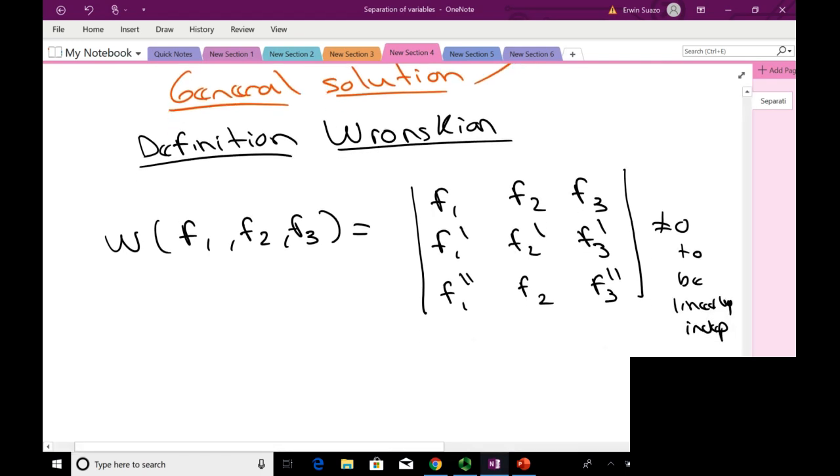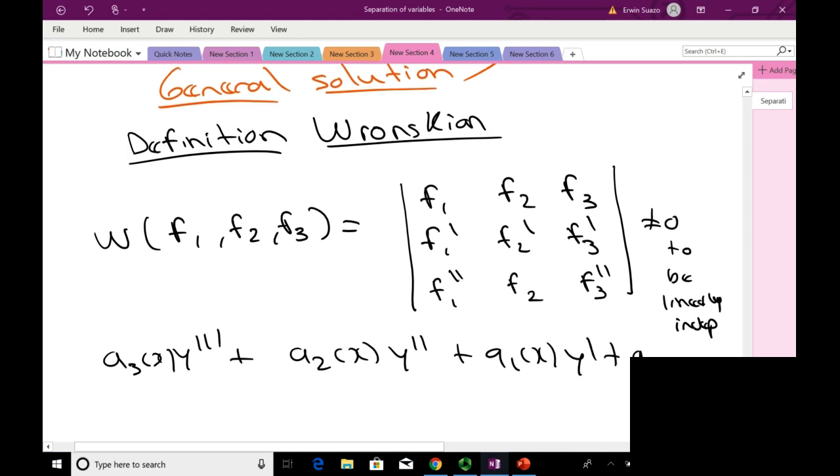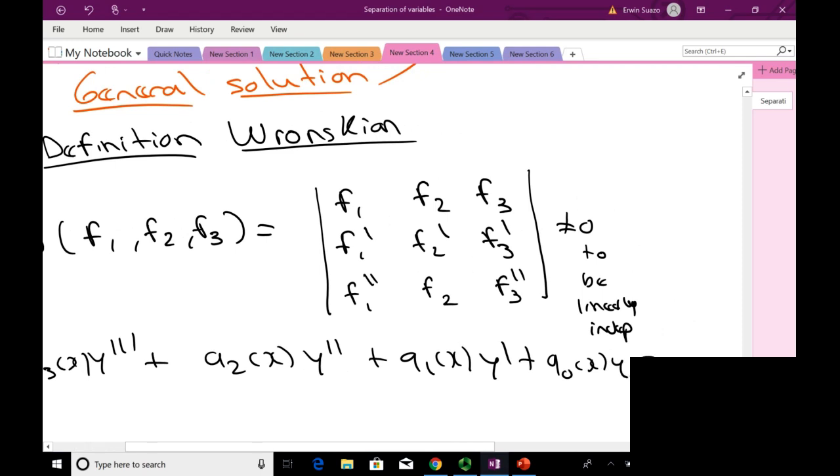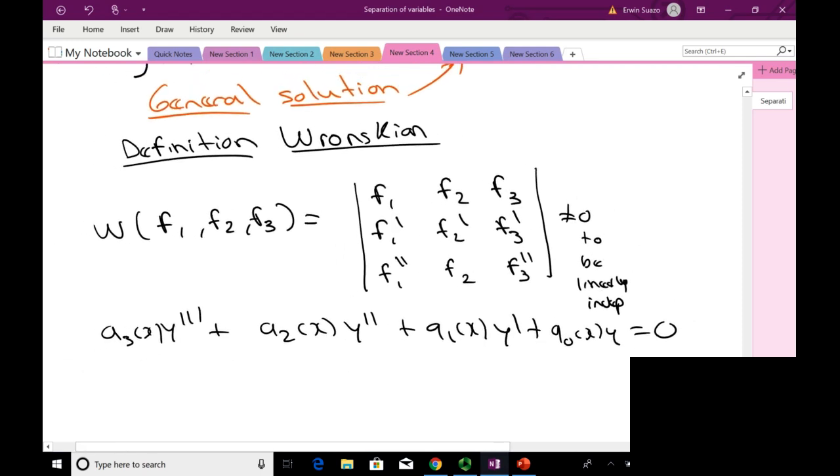So what do I need? If I want to find 3 independent functions, it's because the equation should be third order, if I have a third derivative: a3(x) y''' + a2(x) y'' + a1(x) y' + a0(x) y = 0. Then you will need to find three linearly independent functions to find a general solution.